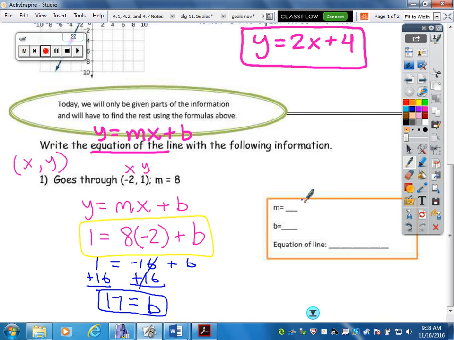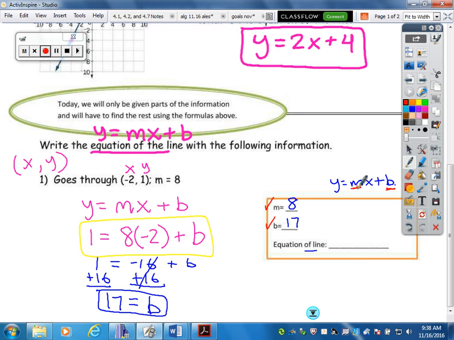So going over to this box that's supposed to help us guide our answer into writing the equation, we knew the slope all along. We knew the slope was 8 because that was given to us. We just found b. b is 17. So we can now write the equation of the line. Remember, the equation is in the form y equals mx plus b. So we're going to rewrite this equation substituting for m and substituting for b, those two pieces that we just found.